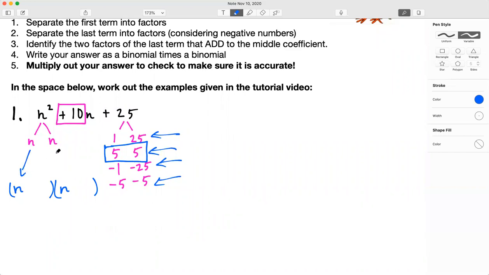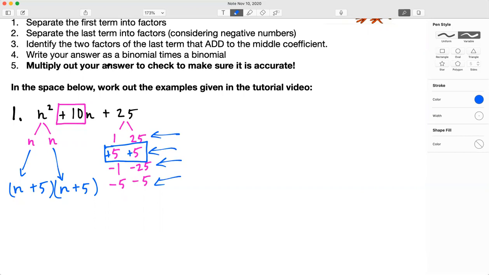So your first n is going to go there, and then your other one's going to go in front here. So this isn't too hard of a step, but you do need to know how to do at least this much. And then we have a positive 5 and a positive 5 here. So we put that in as our numbers. And that is our answer.